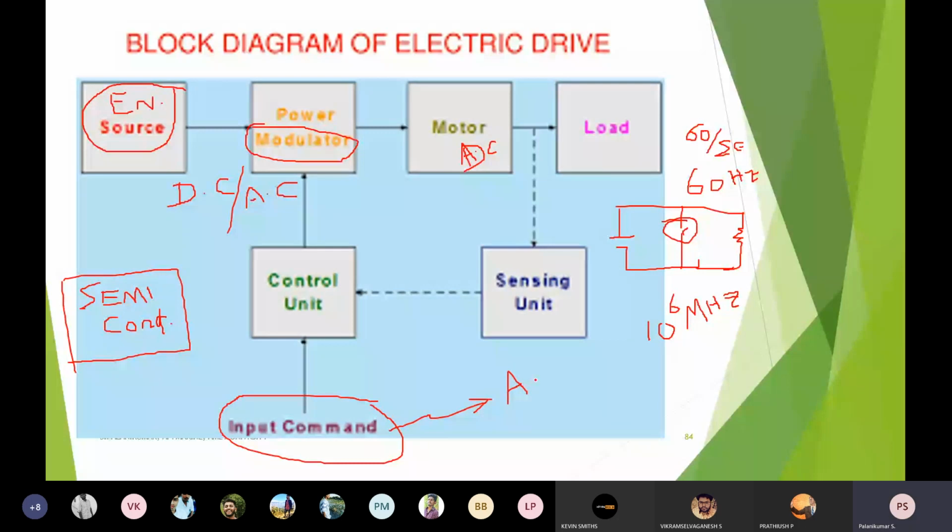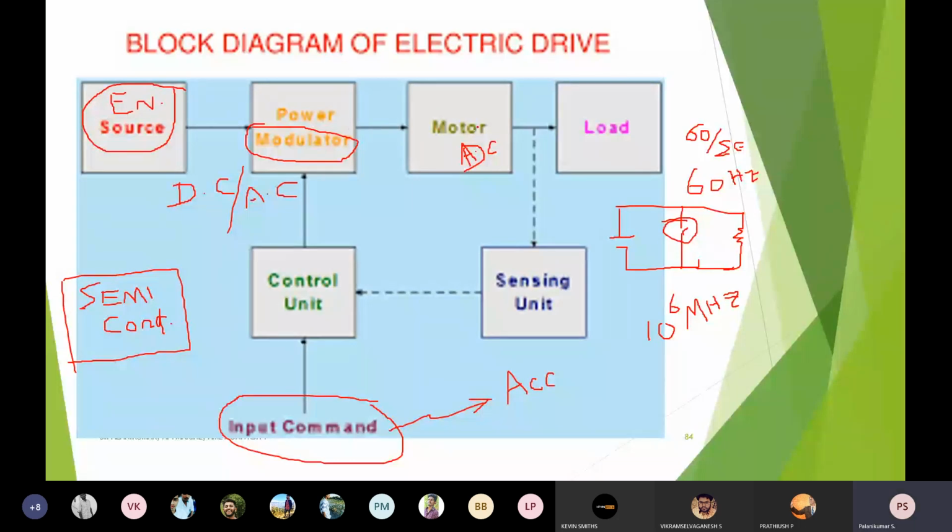From standstill, I want to operate, so I have to give a rated voltage to the motor. Automatically, the sensing element will report no voltage, no current, speed zero, torque zero. So the control unit applies a complete signal strength such that the energy source is converted to a rated voltage and current for this motor.